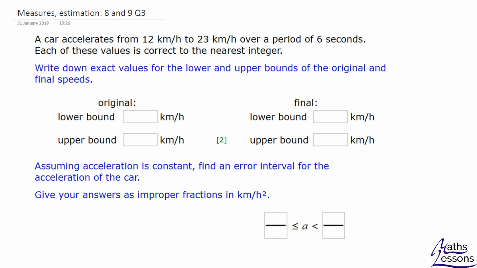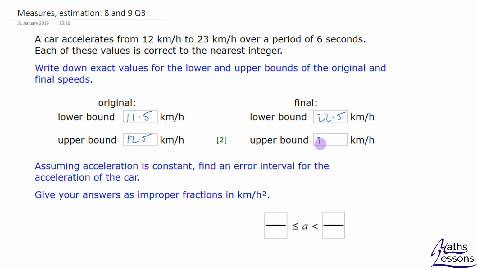Okay, let's have a look at this. So we're going to look at the lower bound of the original, which is going to be 11.5 kilometers per hour. And the upper bound of this is going to be 12.5 kilometers an hour. Lower bound of the final speed is 22.5 kilometers an hour.